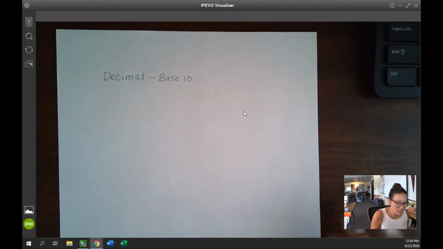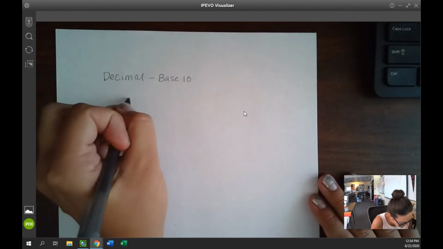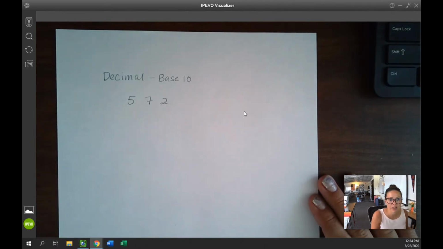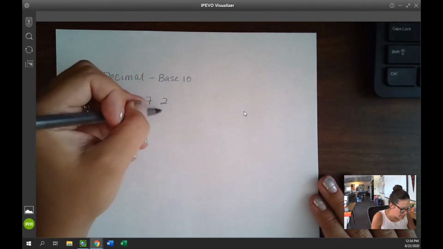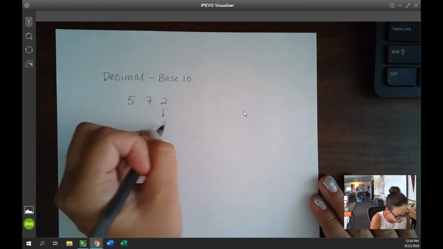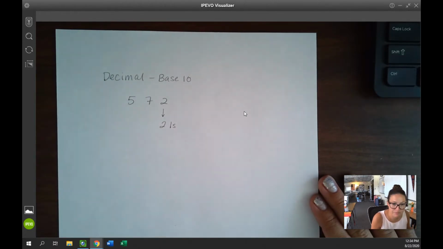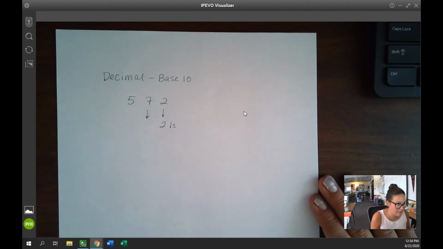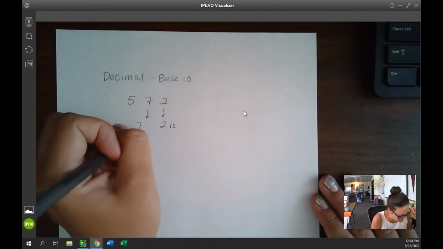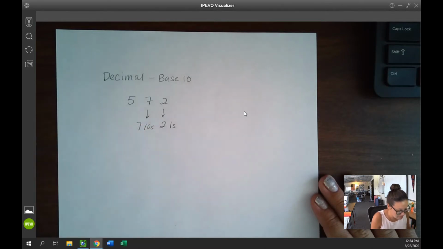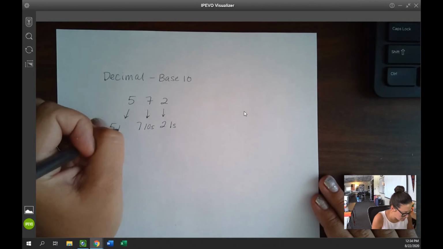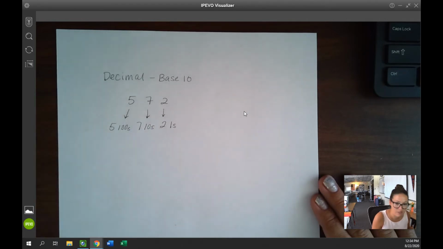Let's consider a number, let's say I have 572. What does 572 really mean? This means that I have two ones. This 7 doesn't mean that I have 7 ones. It means that I have 7 tens. And this 5 means that I have 5 hundreds.